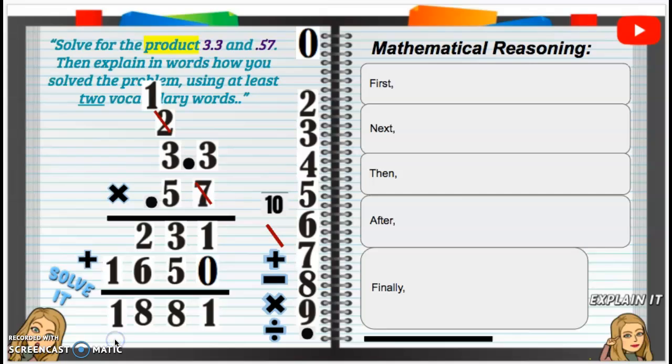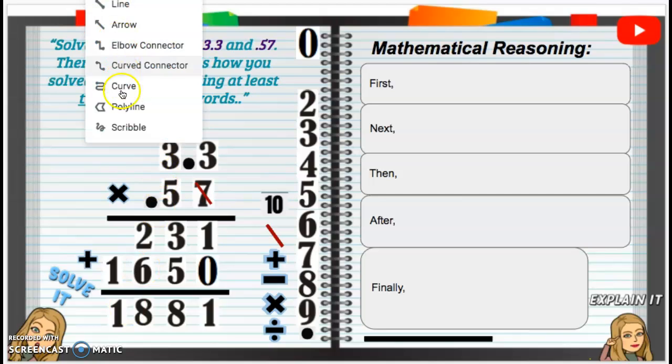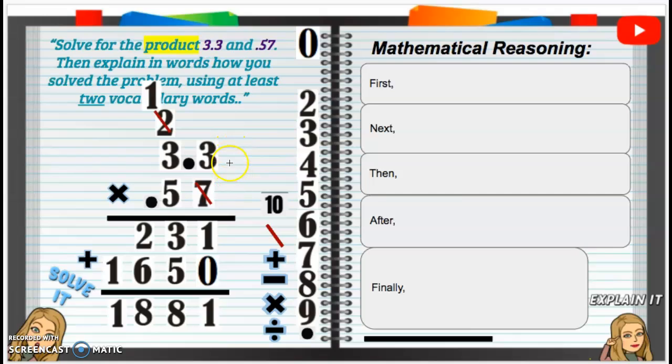Now, is my answer 1,881? No, what did we forget to do? We forgot to put in the decimals. All right, so let's see how many digits we move in with our decimals. So in 1, in 2, in 3.